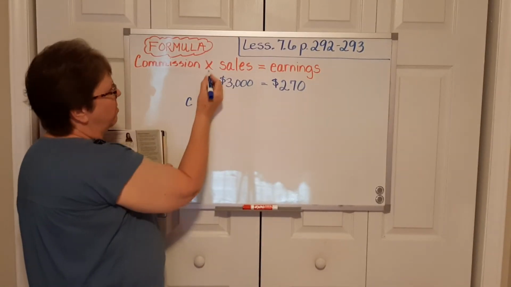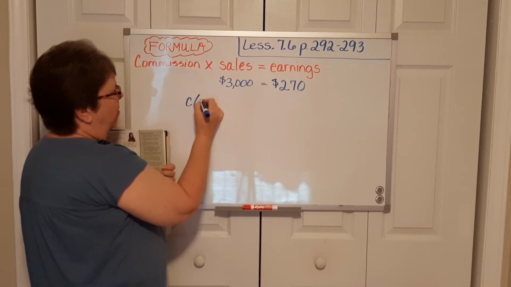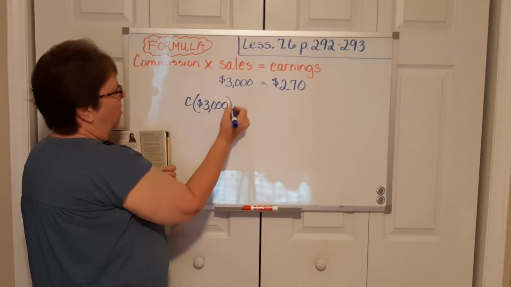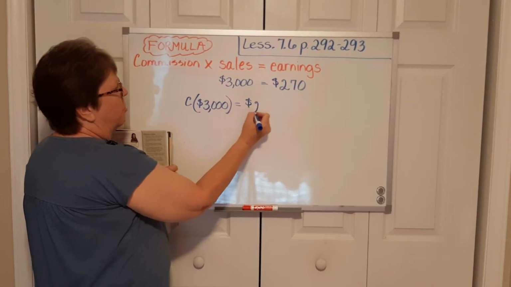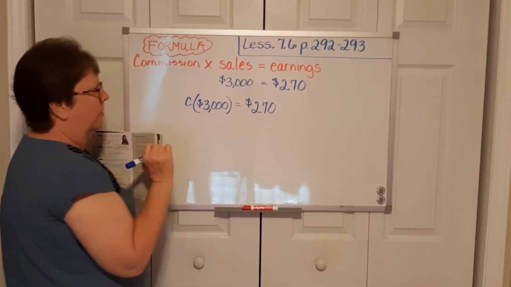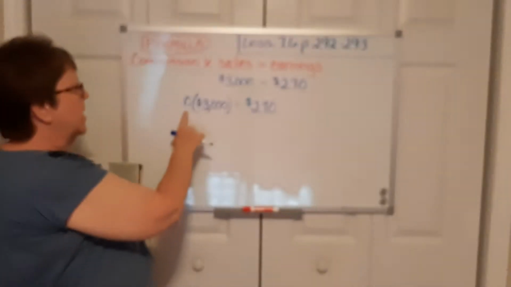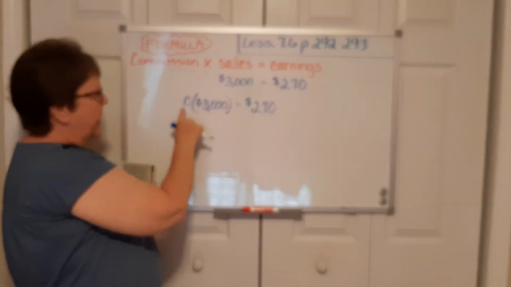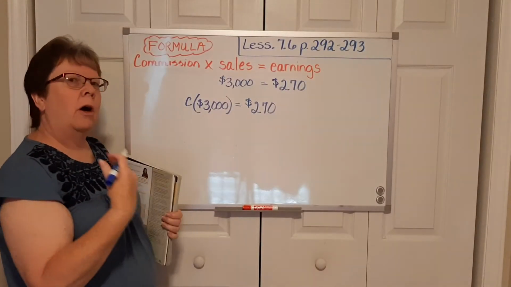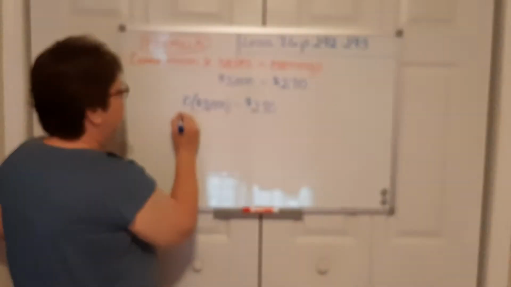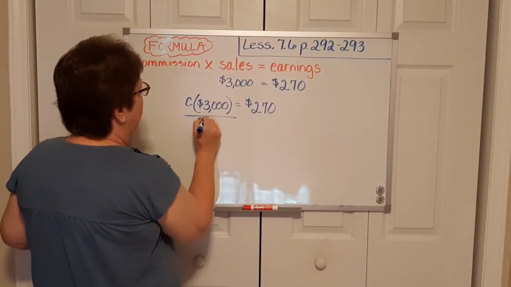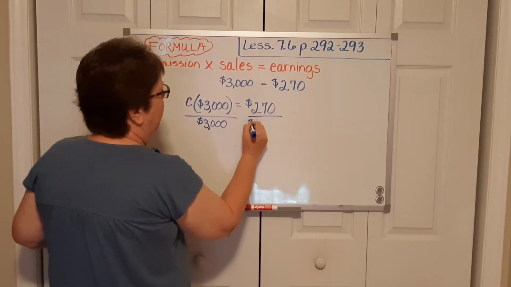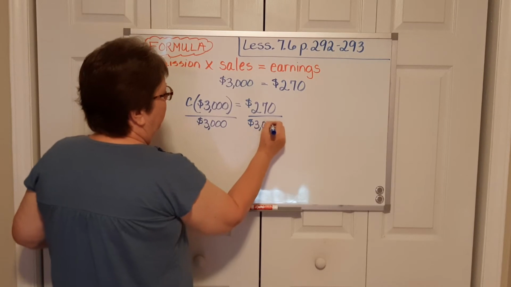So it's commission times our $3,000 would equal our $270. Now our goal is to get our commission on this side by itself. Since this was multiply, to undo multiply, we have to divide. So we would divide this side by 3,000 and this side by 3,000.